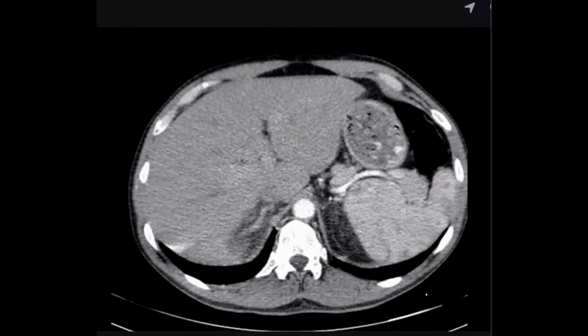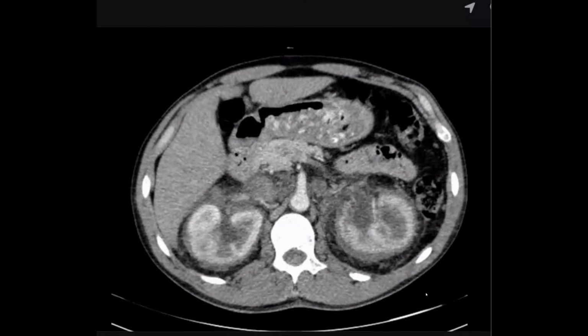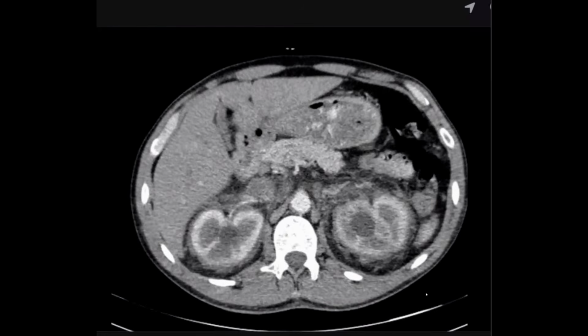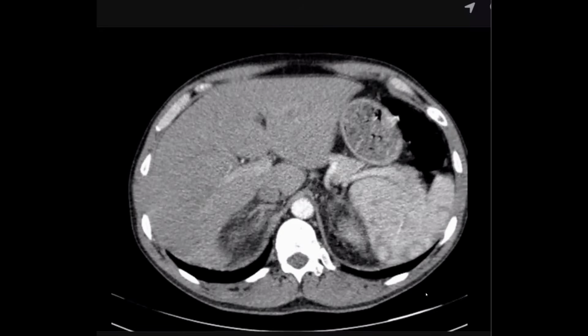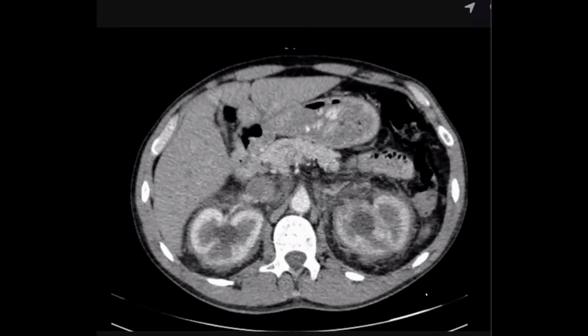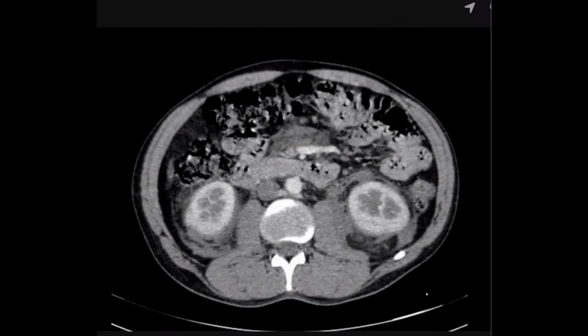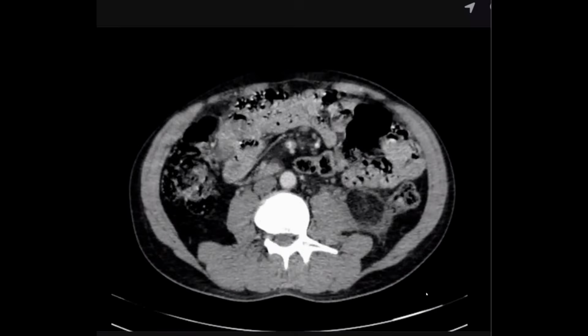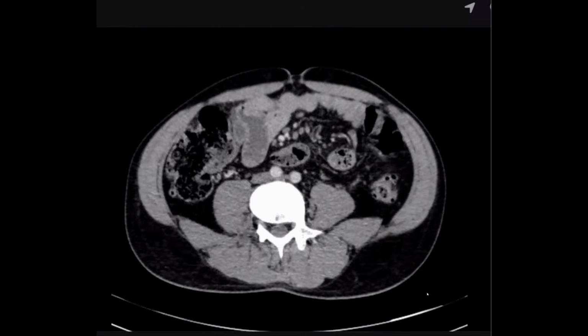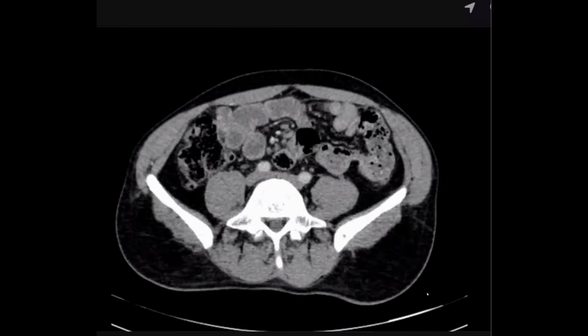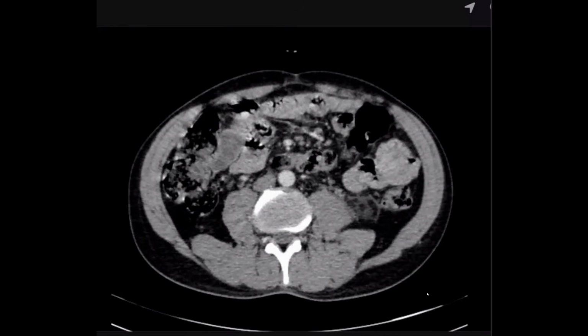Now I'm looking for the adrenal glands. The adrenal glands appear unremarkable. I would like to trace the ureters. Ureters are free. Ureters are unremarkable.